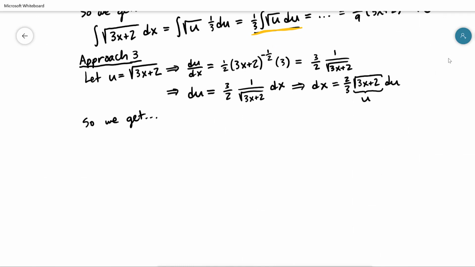So what do we get? Our integral of the square root of 3x plus 2 dx is based on the substitution that we just made. It's going to be the integral of this whole thing is just our u, and dx we just solved for. Dx is equal to 2/3 of u du.